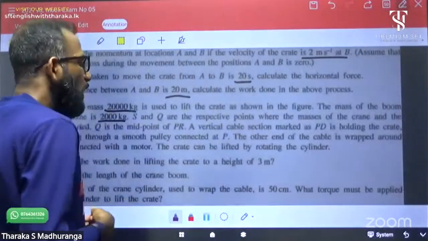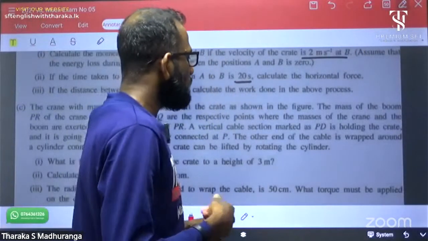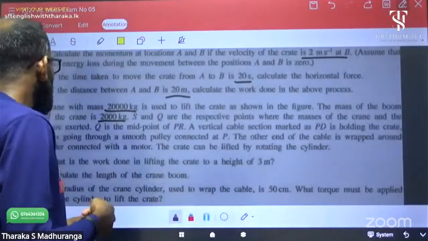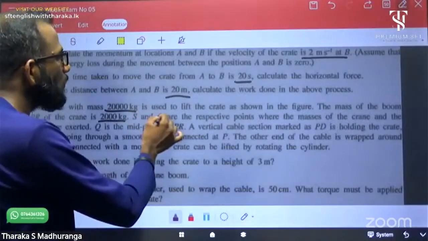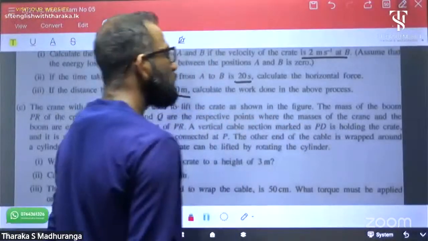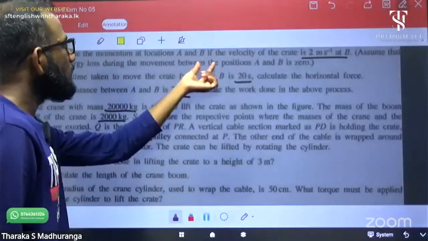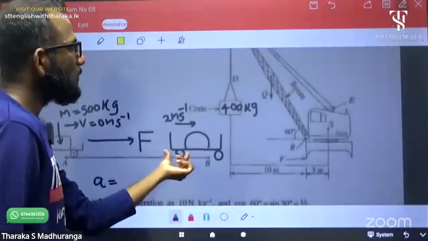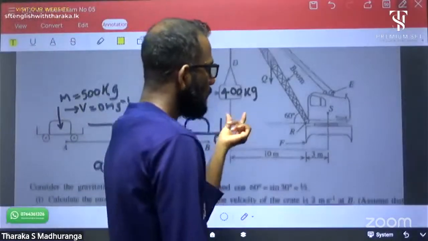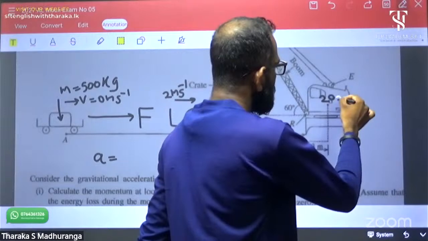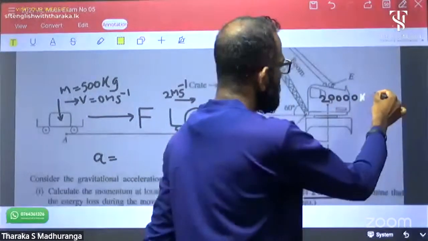S and Q are the respective points where the masses of the crane and the boom are exerted. So S and Q are the points where the weights act. The crane mass is 20,000 kilogram, right?